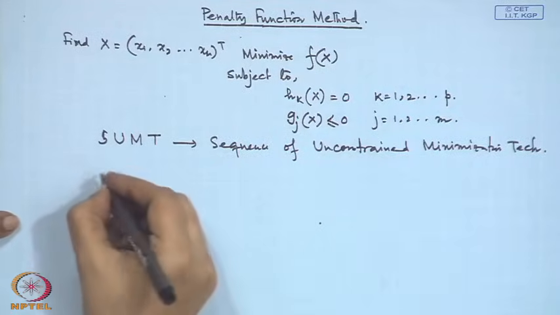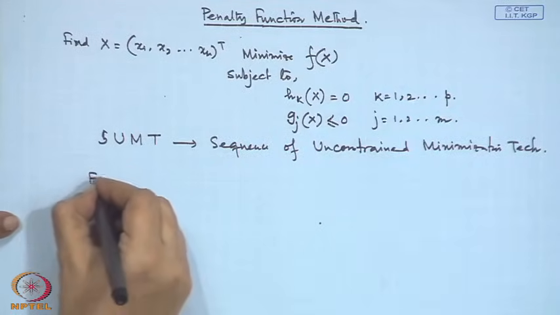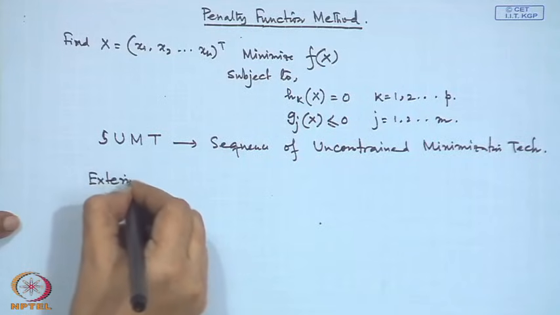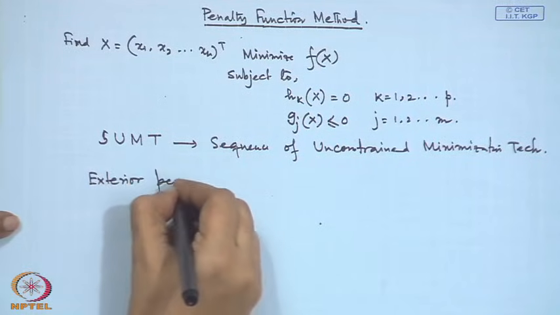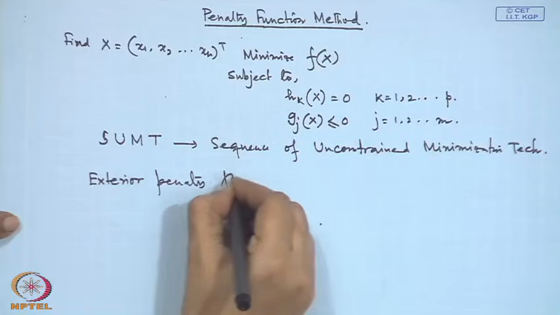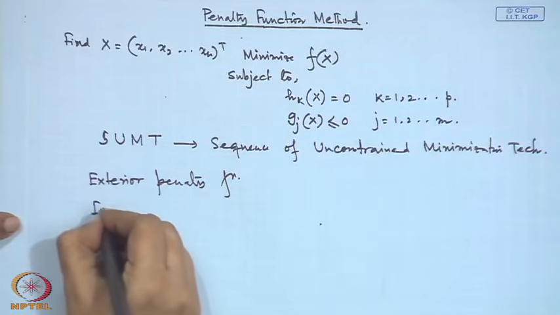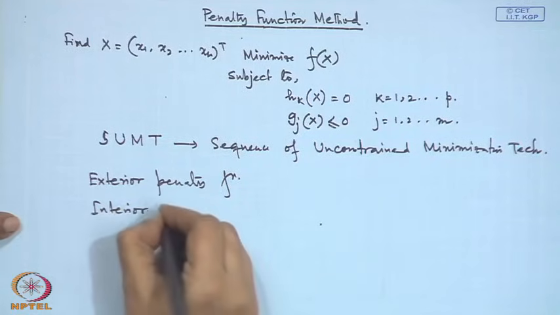There are two types of penalty function method. One is the exterior penalty function method and another one is the interior penalty function method.